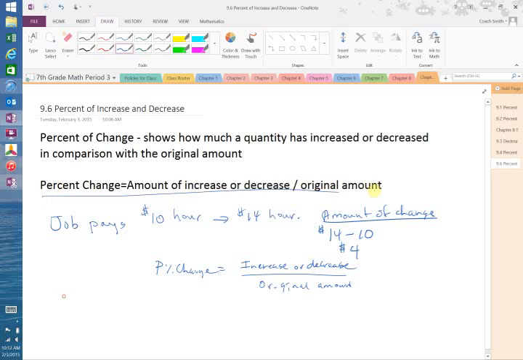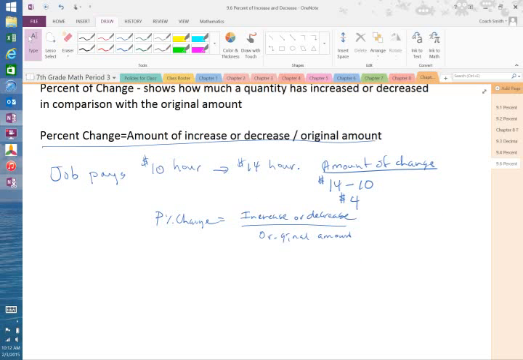This is the formula right there. I usually just call it AC over original amount, AC meaning the amount of change, over the original amount.